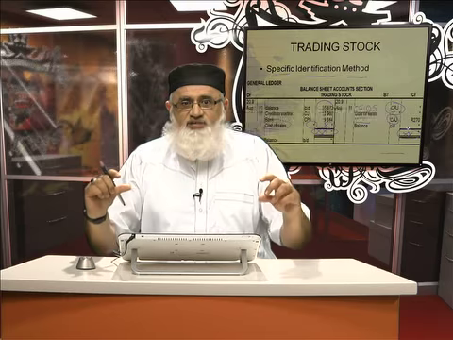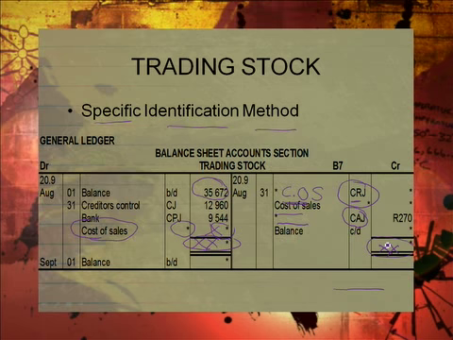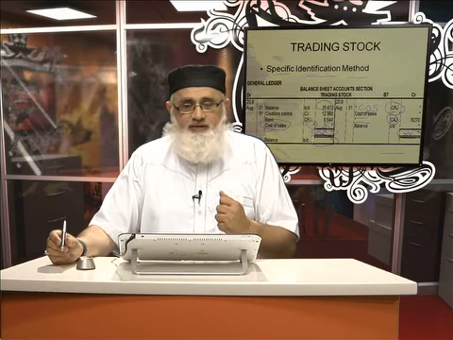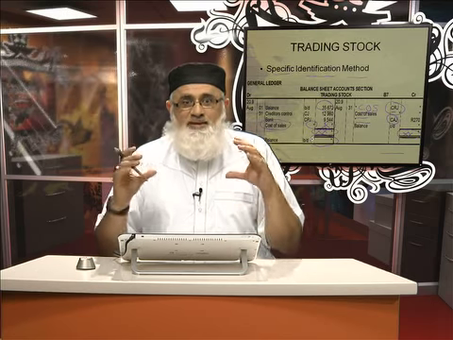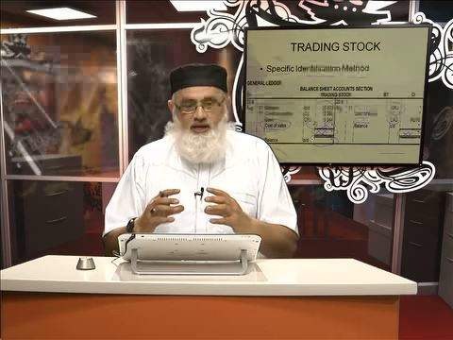We often refer to them as the train line totals. And then you would balance your account, and this balance here is your closing balance, and that's the figure that you would then say that that is the balance, the value of my trading stock on hand. Got that, guys? Please make sure that you understand a trading stock account.